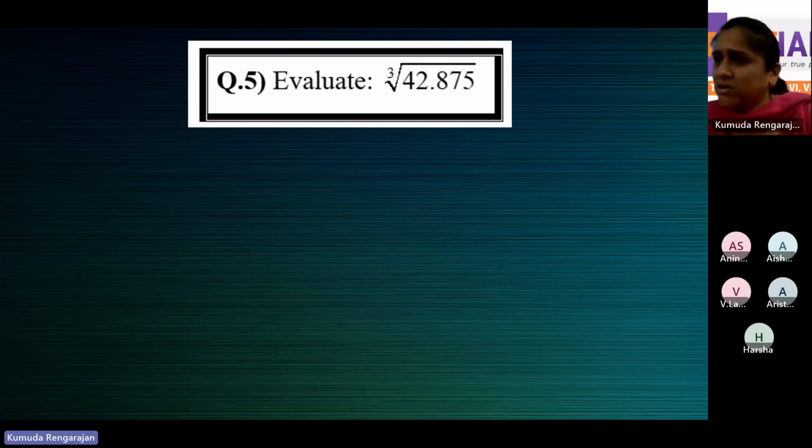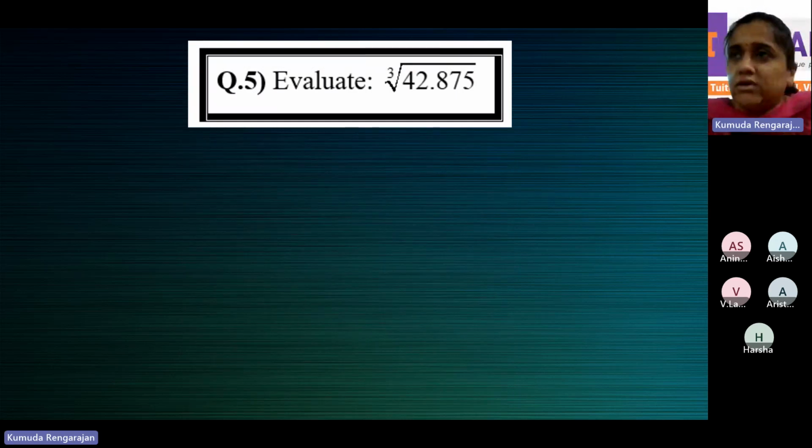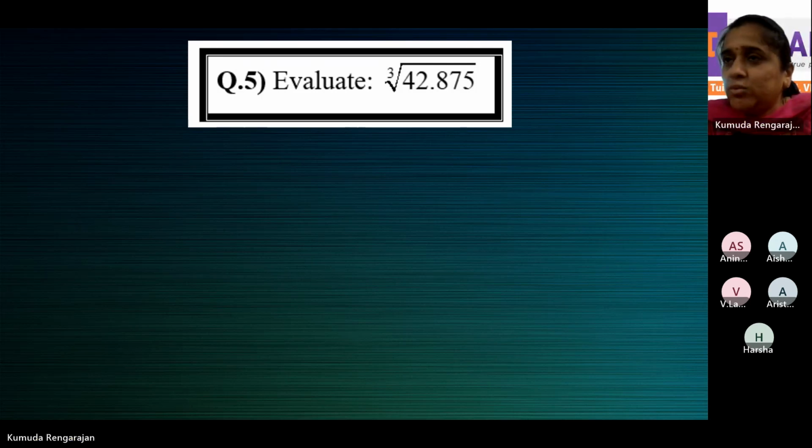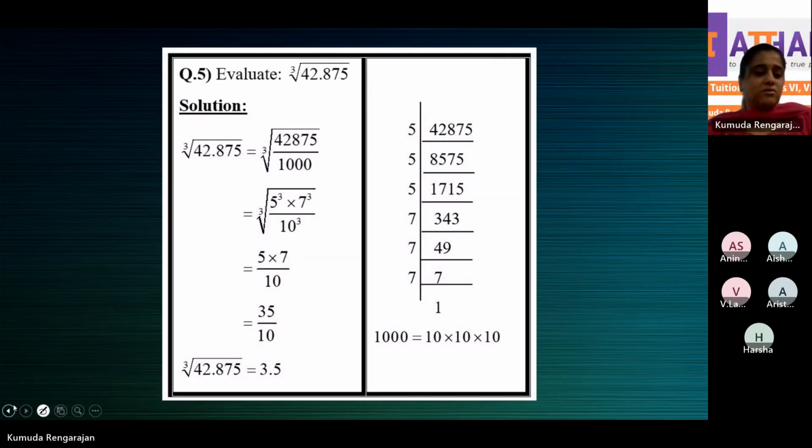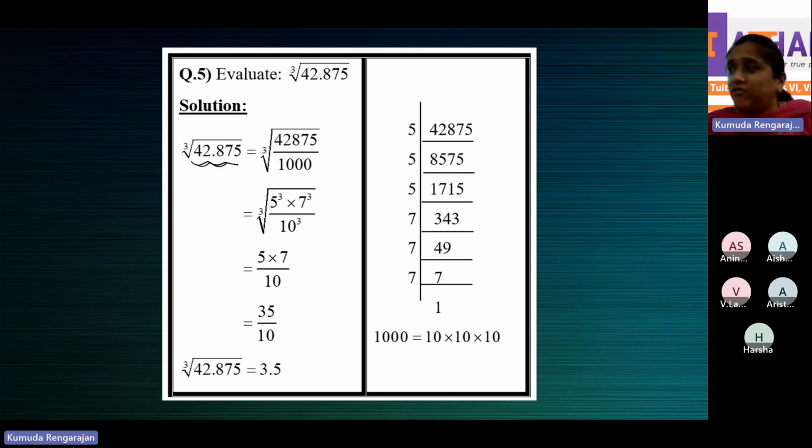Evaluate. Evaluate meaning find the value of. Find the value of the cube root of 42.875. So convert this to a fraction.